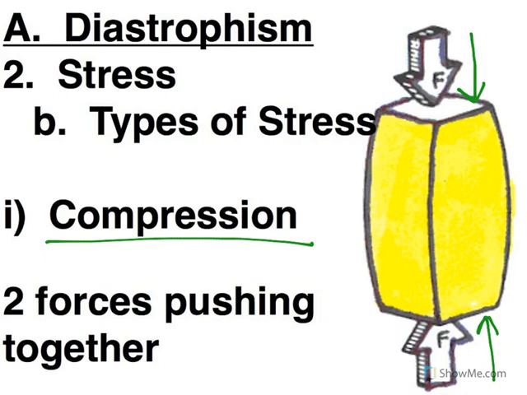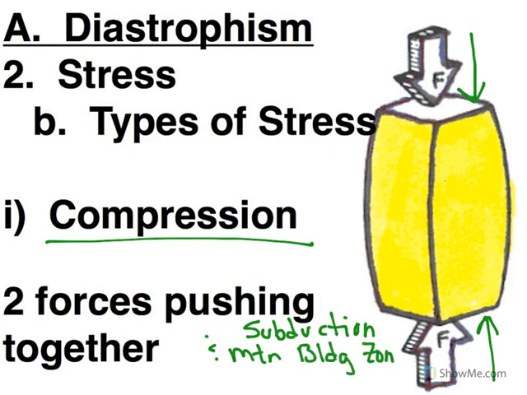Well, of course, where forces come together are going to be at subduction and mountain building zones. So both of those plate boundaries are going to exert compression on the rocks at the boundary.